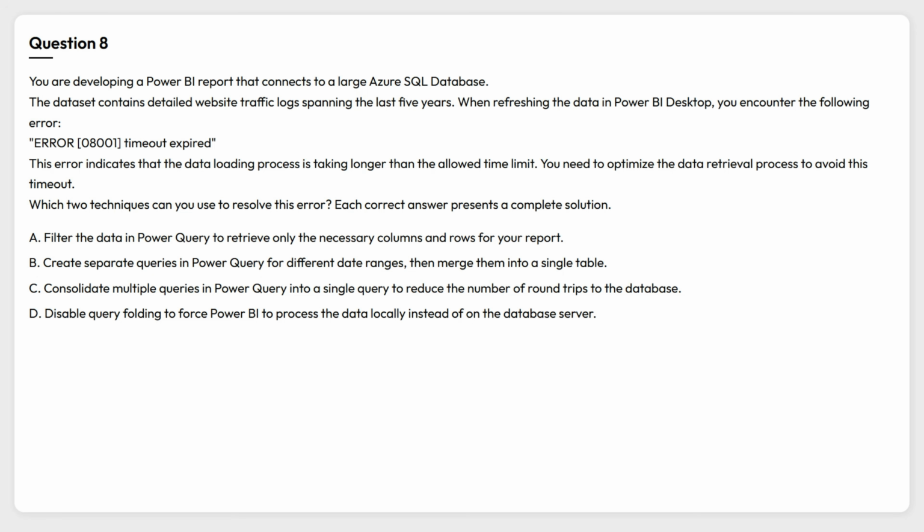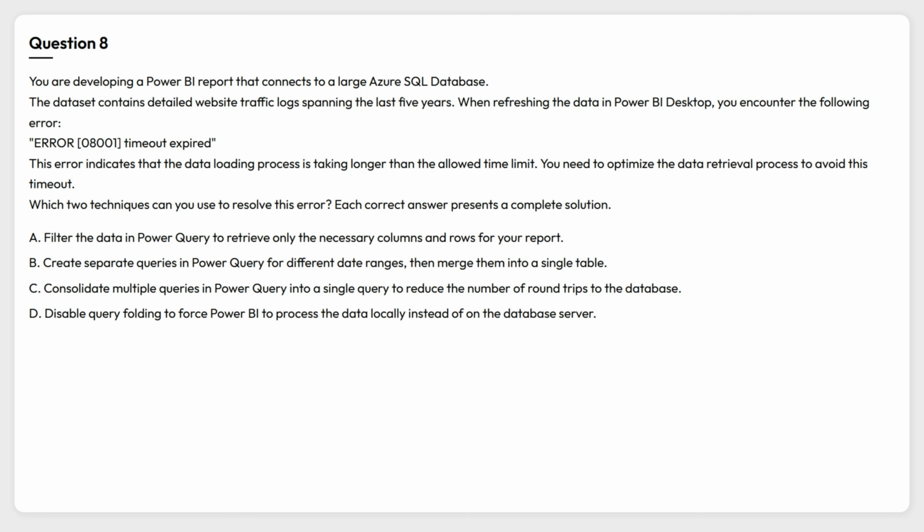Error 08001 timeout expired. This error indicates that the data loading process is taking longer than the allowed time limit. You need to optimize the data retrieval process to avoid this timeout. Which two techniques can you use to resolve this error?